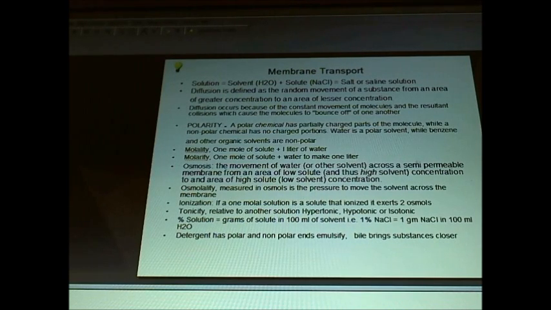Now you have molality, now you have molarity. Molarity is 1 mole of the solute, i.e. 58.5 grams of sodium chloride, with enough water that, if you were in a graduated beaker, it would come up to 1 liter.